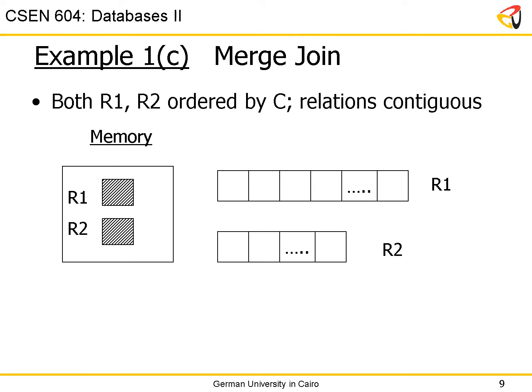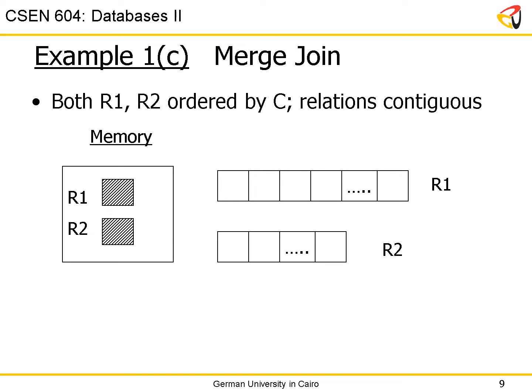And if it happens that the relations are contiguous, and we went into an extended discussion about that in the previous lecture, contiguous means that you read one whole page using one IO only, while non-contiguous means you spend one IO per row.